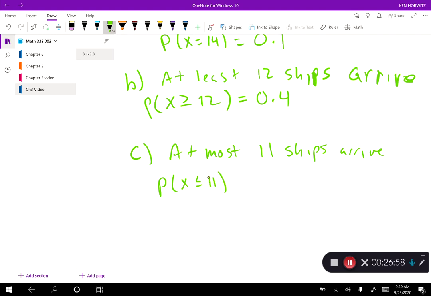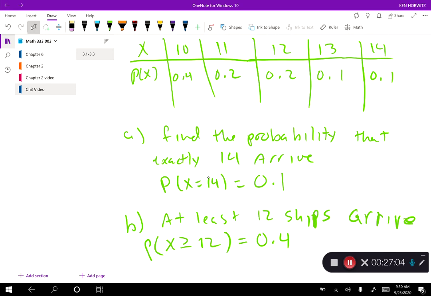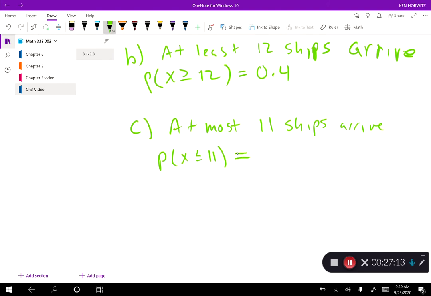If at most 11 ships arrive, 11 is the biggest number we can have. All right, so probability of 11 is 0.2, probability of 10, 0.4. So this probability would be 0.6. All right, so you can really just read the graph at times and do your job.